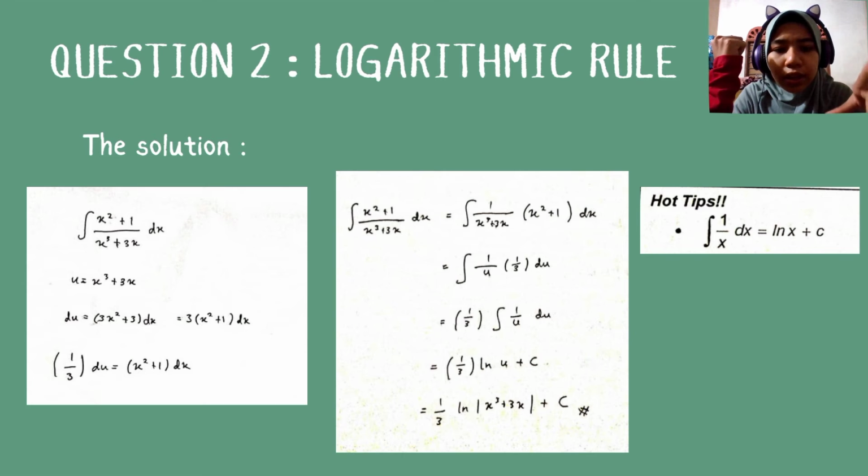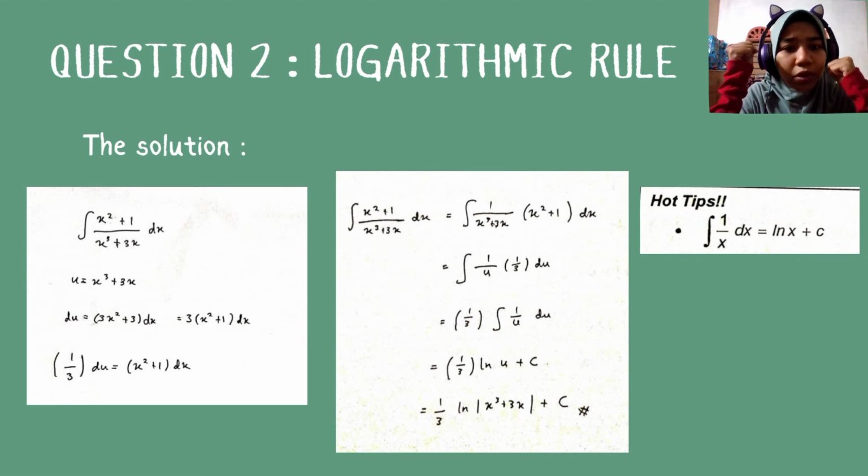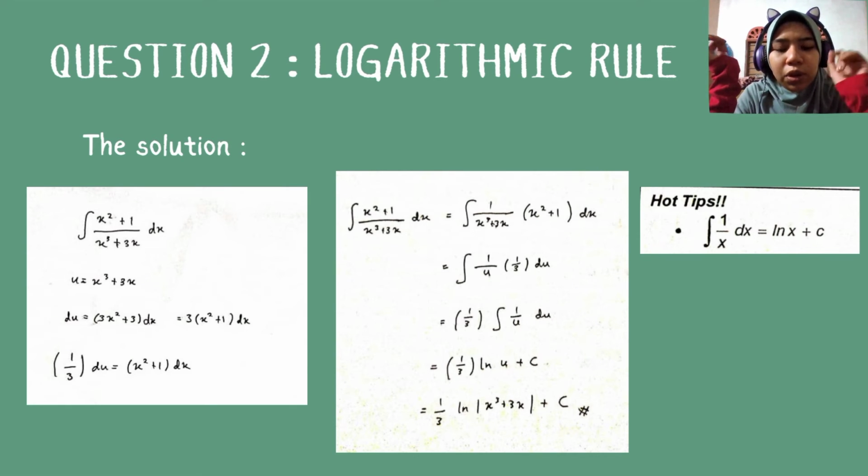So ln, we will replace it, because we follow the hot tips. Okay, we replace it with ln u plus c. We replace the integrate to become ln u plus c.